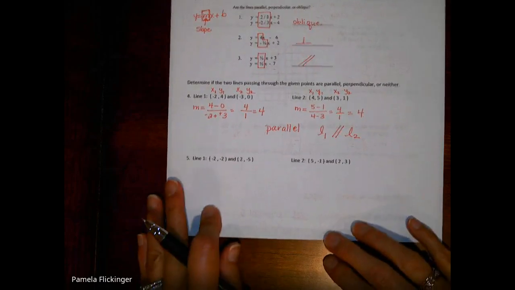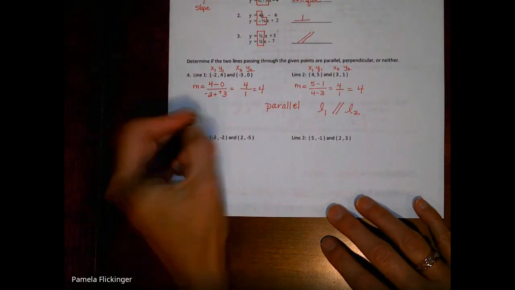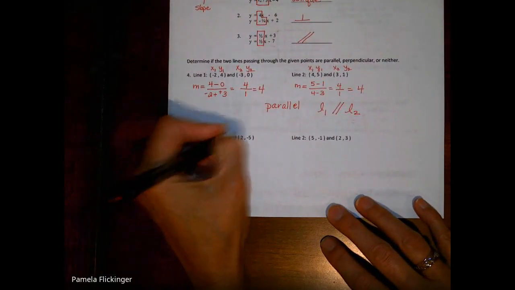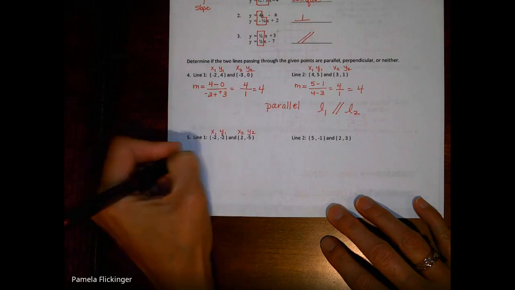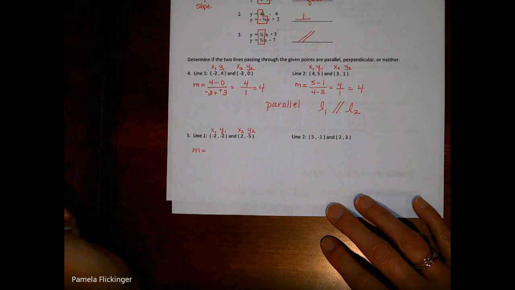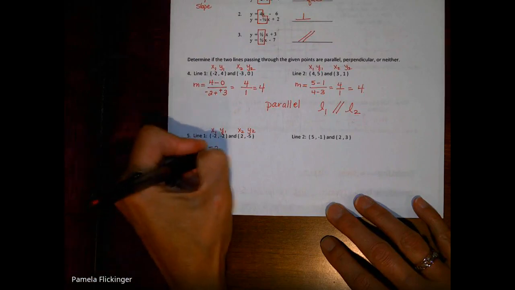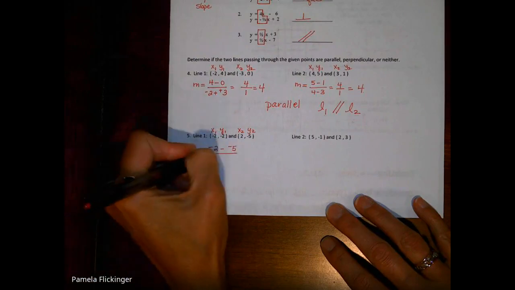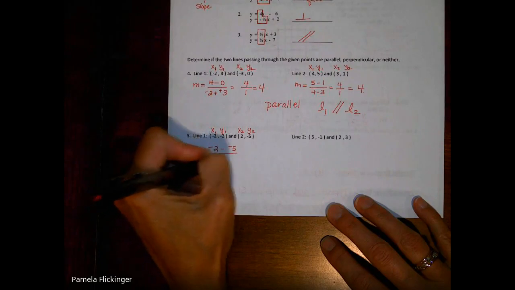All right, let's do another one of those. So again, let's label our 1s and our 2s. The slope for line 1, we've got -2 minus a -5 over a -2 minus 2.